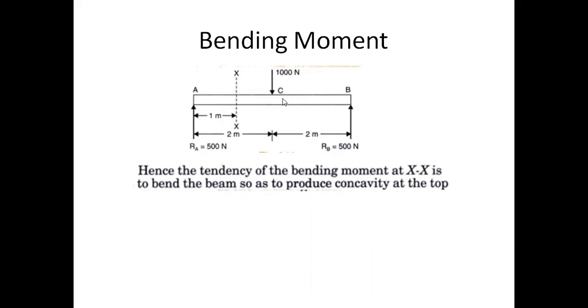On the right side, it will bend like this because it is 500 newton meters anti-clockwise, and 500 newton meters clockwise on the left. That means you will have a concavity. Here you have a clockwise direction, here the anti-clockwise direction. At the XX section, you will have concave bending at the top.